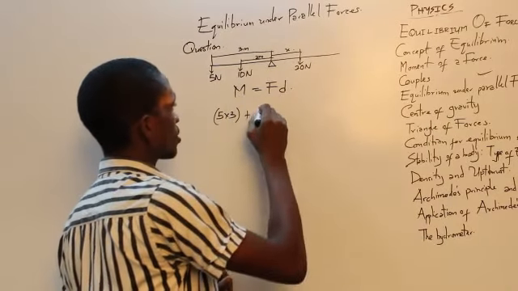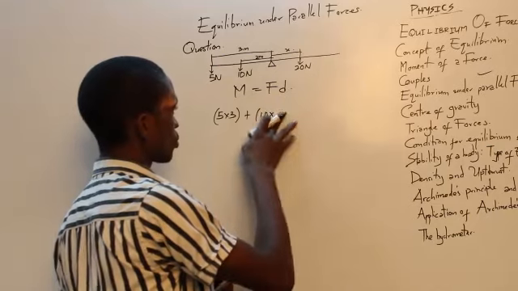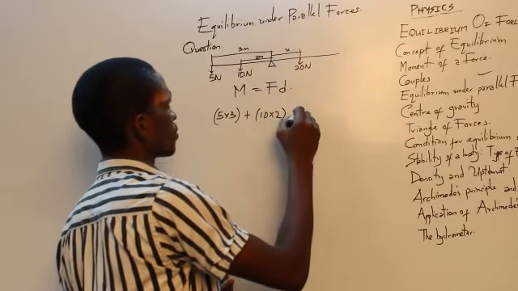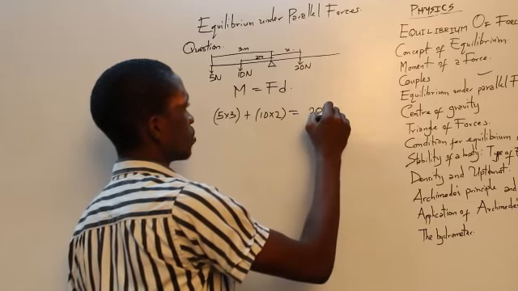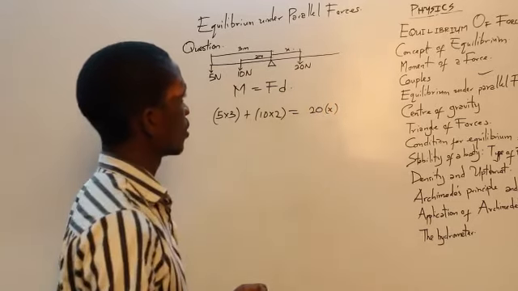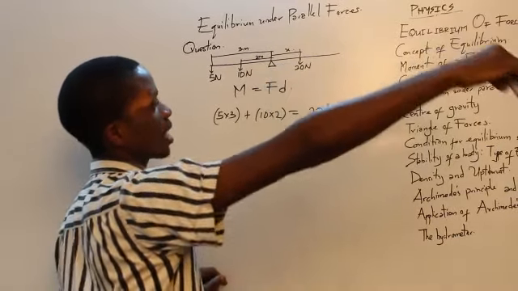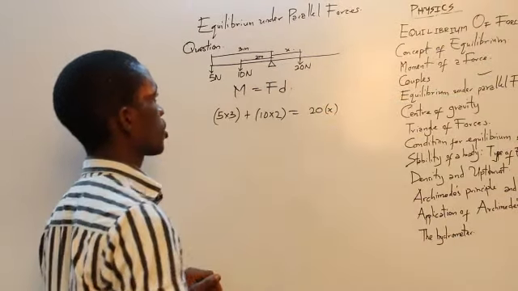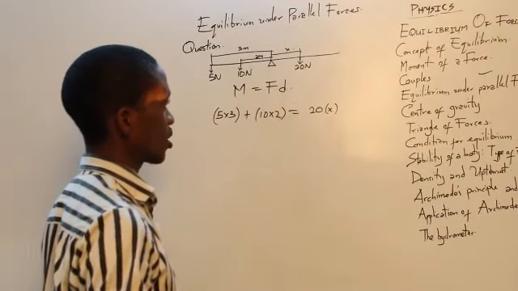Then we'll take our next one, which is 10 multiplied by 2, should give us 20 multiplied by x. Why did I say should give us 20 multiplied by x? 20 is on the other side of the expression, and it is acting in the clockwise direction.